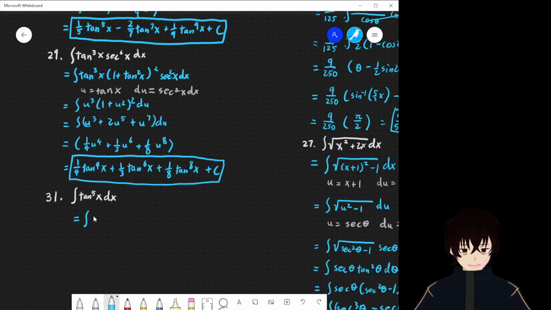If I were to guess, we would have to do secant squared x minus 1 squared times tangent x dx. Is there a better way to do this?